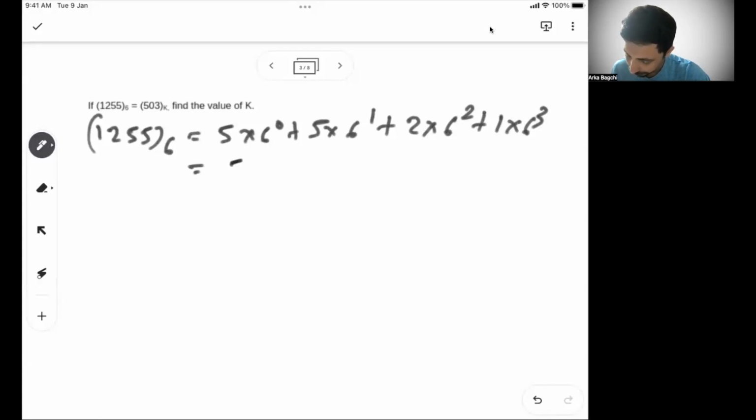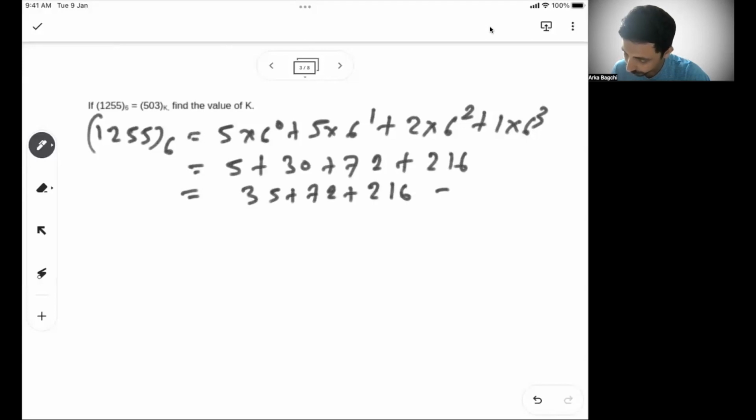So that means 5 plus 30 plus 72 plus 216. So that means 35 plus 72 plus 216, which is equal to 323 in base system 10, right?